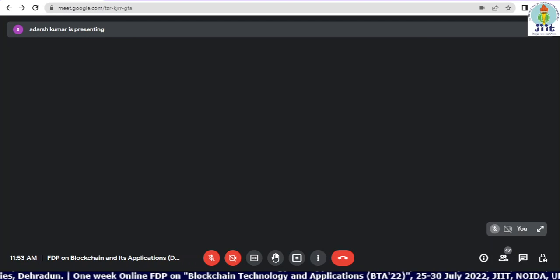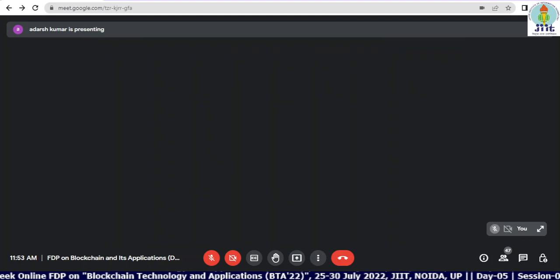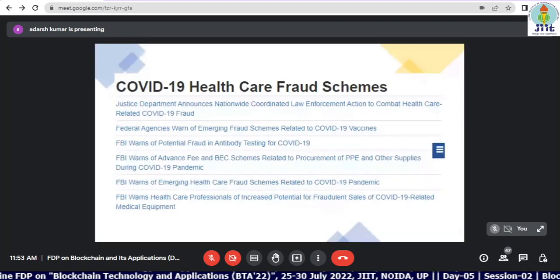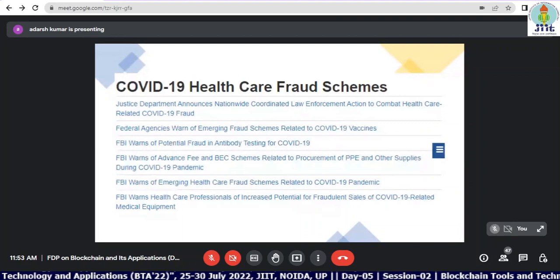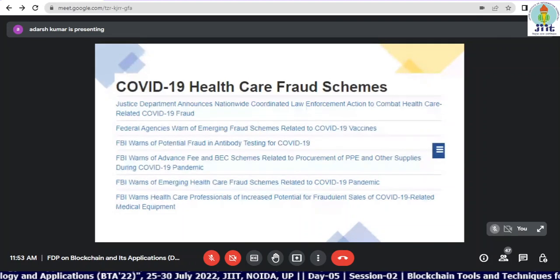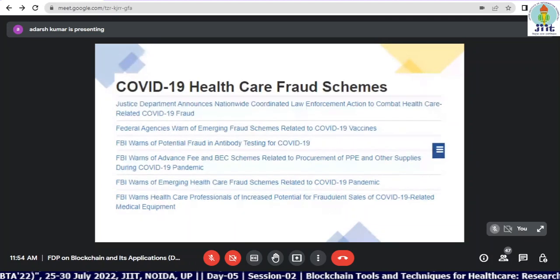So not on the day when you get the COVID dose, but a few days here and there. Likewise, in abroad countries also, a large amount of fraud happens. Many of the injections were found in the dustbins or here and there, and there was no record of it. So those frauds happened in the COVID-19 times also.